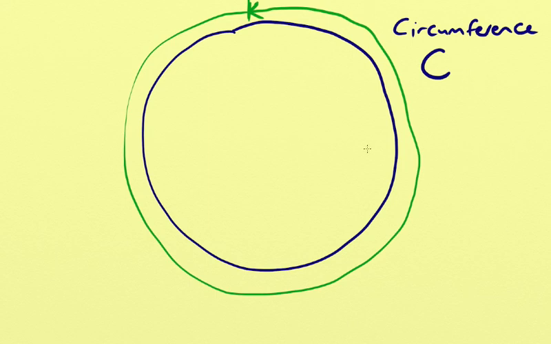Now we have a couple of other different labels. If you see a line or a measurement going through the centre of the circle from one side to the other, the length of this line is called the diameter.